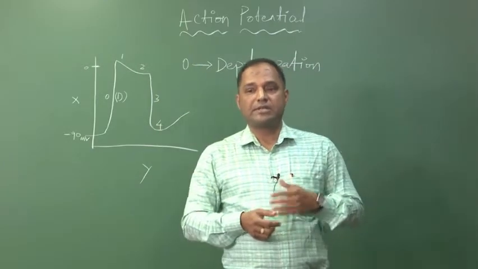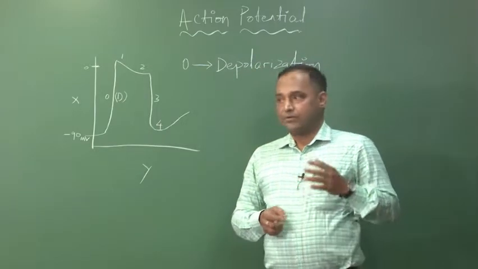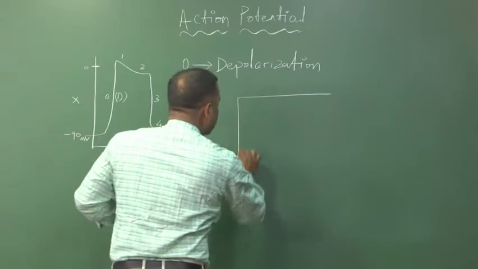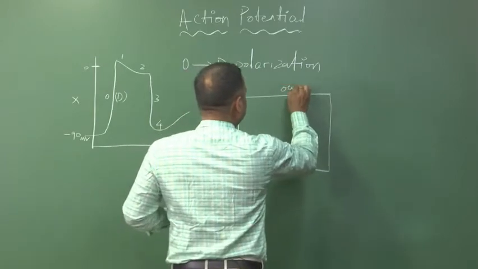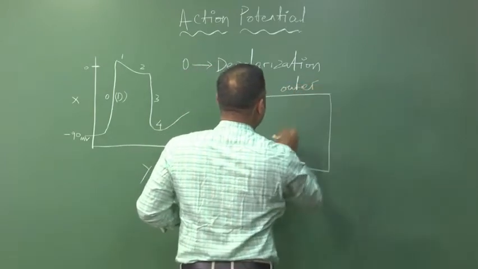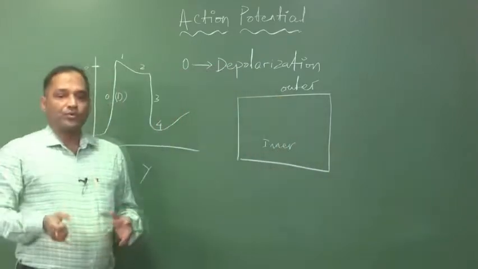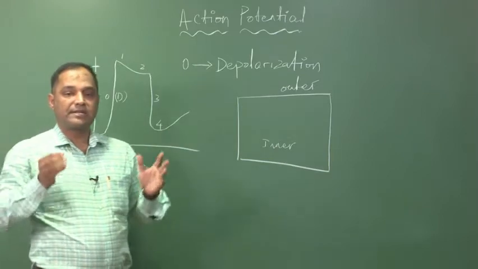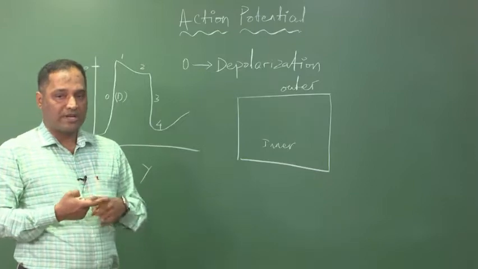Depolarization starts means the sodium channels get activated. You know, this is the cell. I am representing another cell. This is the outer layer. This is the inner layer. Usually, we have the cell, and in the normal cell there occur sodium, potassium, chloride, calcium.